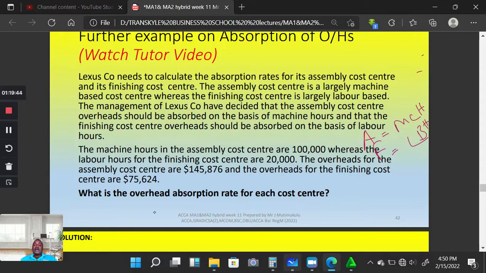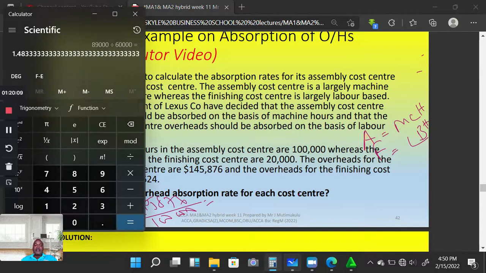For the assembly, we're going to say budgeted overhead. The overheads for the assembly cost center are 145,876 divided by the activity. The activity is machine hours, 100,000. So the OAR, overhead absorption rate, is going to be how much?